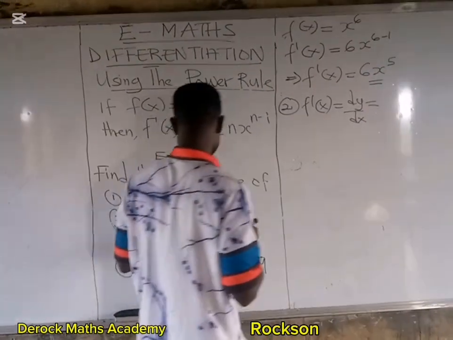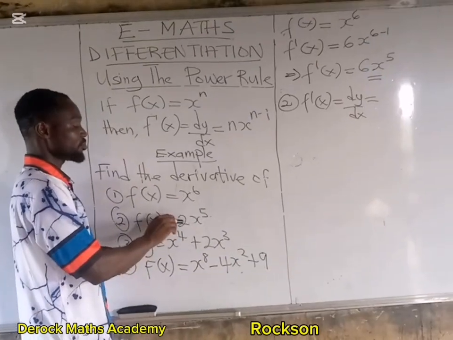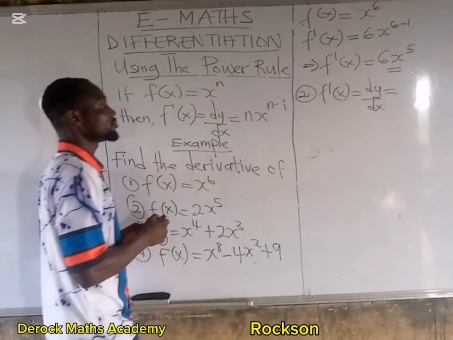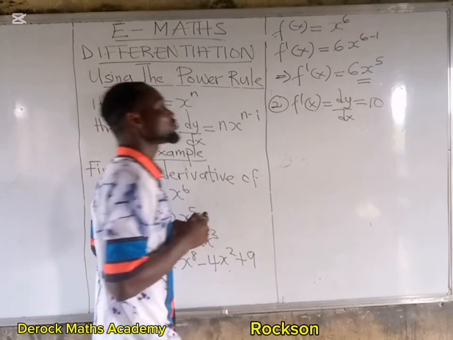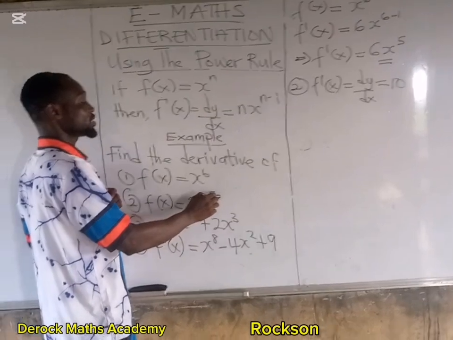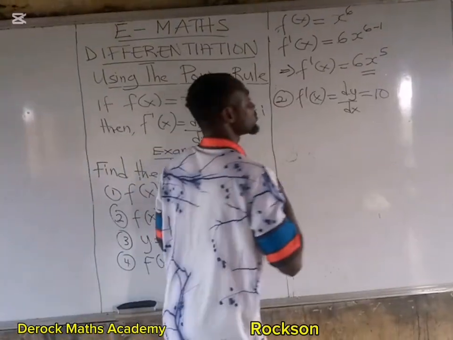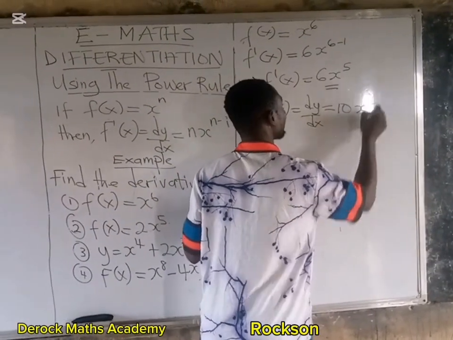And that is the exponent times the coefficient, which here becomes 10. Then you subtract 1 from the original exponent. So 5 minus 1 will give us 4. Becomes x to the power 4.